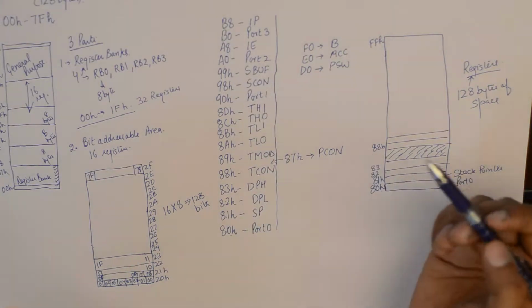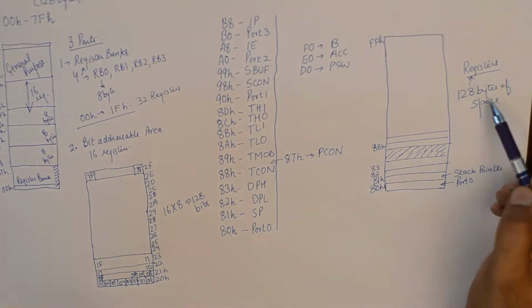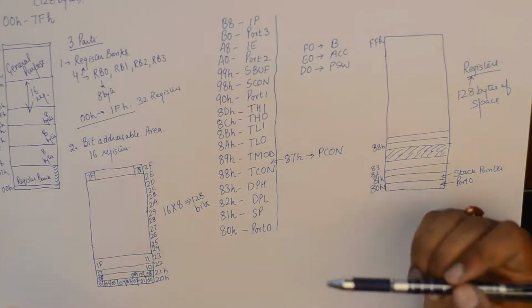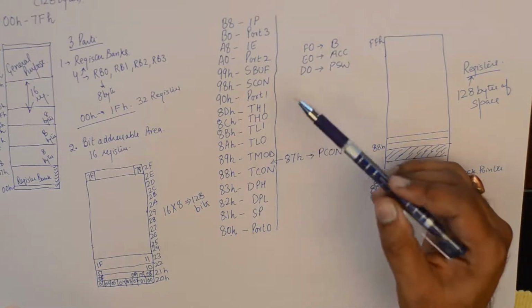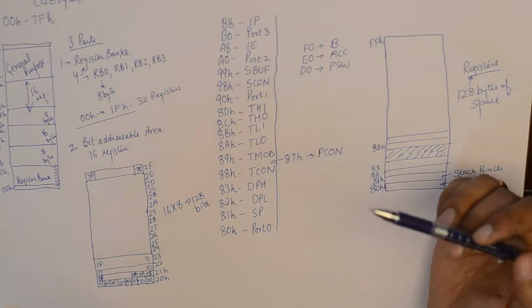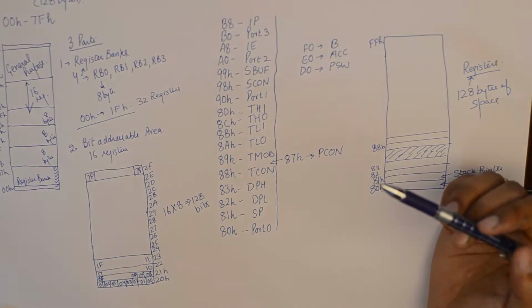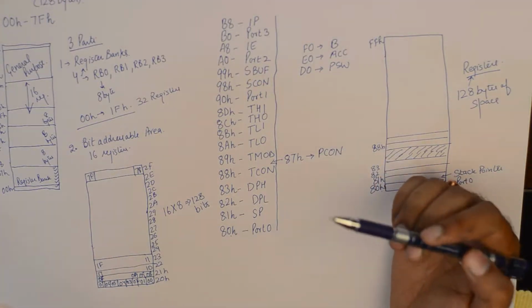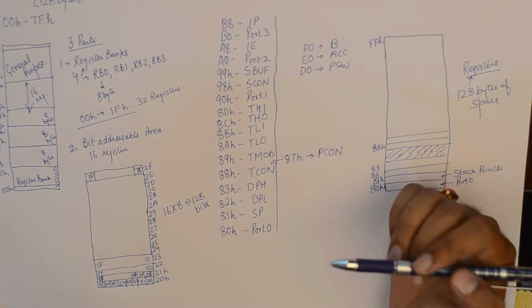So out of these 128 bytes, you should remember the locations of all these special function registers. A lot of people classify these registers based upon their functions.